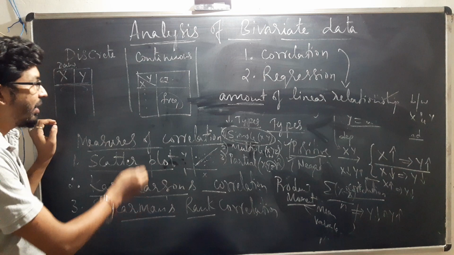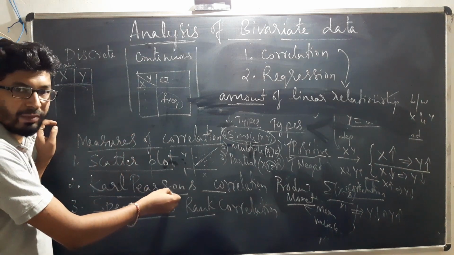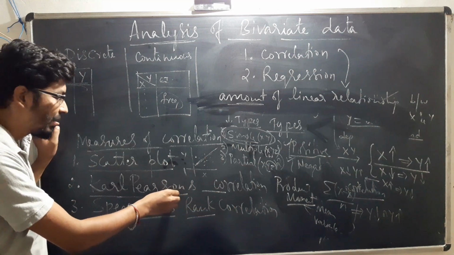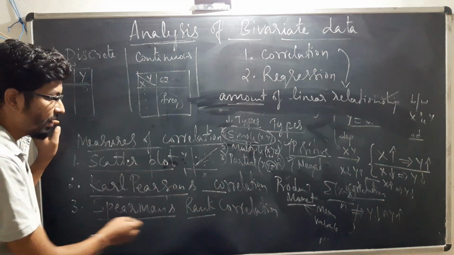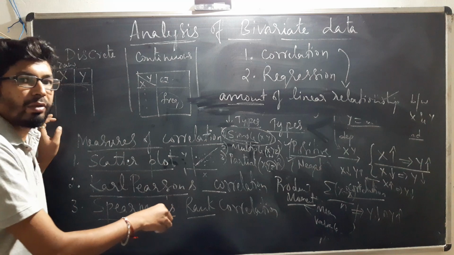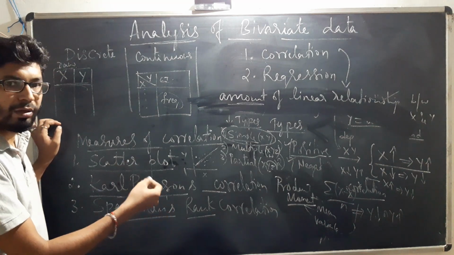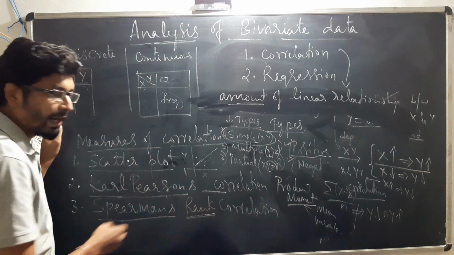It uses the given values of x and y. Mean is based on all the values of x. Variance is also based on the given values of x. Whereas in case of Spearman rank correlation, we will not be using the given values of x and y, but will be using the ranks allotted to x and y. That's why it is called rank correlation.